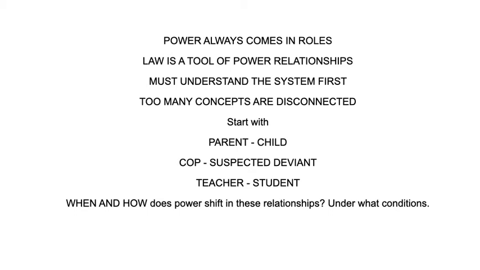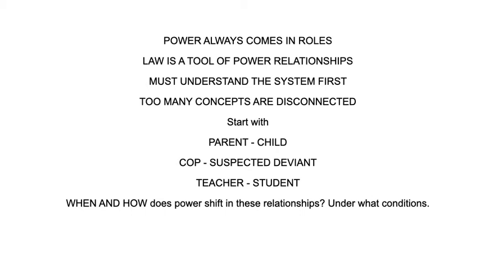And so this is where you need to start thinking about what are the costs and benefits of going along with these roles. Obviously, the suspected deviant has to weigh those costs and benefits very carefully because the cop has a gun. But in the teacher-student relationship, the main power I have over you, right, is the grade. And in some ways, that can be just as devastating as being shot at.